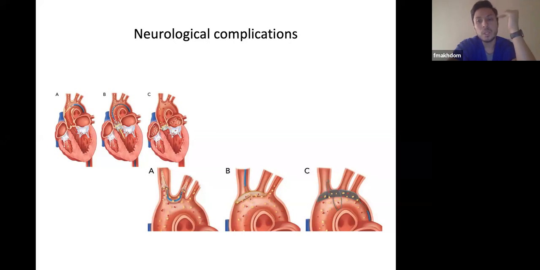So when you do your surgery, you have to think about this. A stroke incidence of 2% with aortic valve replacement is very high. When you do any aortic valve replacement surgically, you have to think about this. Do everything possible to make this as low as you can, for the patient and for the procedure itself.